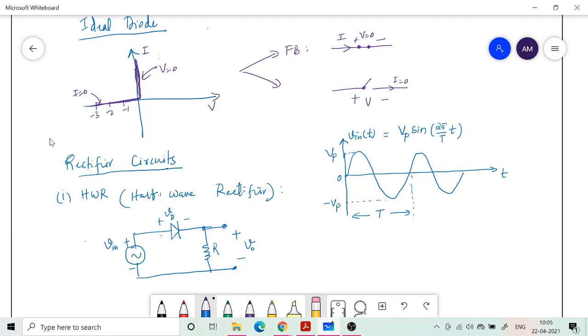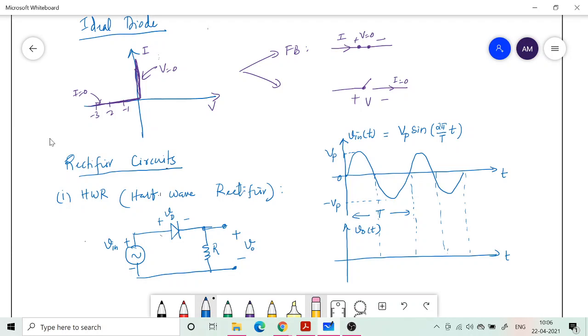Now we are interested in knowing what the output voltage V naught is. So we need to plot it just below. How do we find out? As I told you before, the characteristics of the diode is what we need to keep in mind in order to find the output.